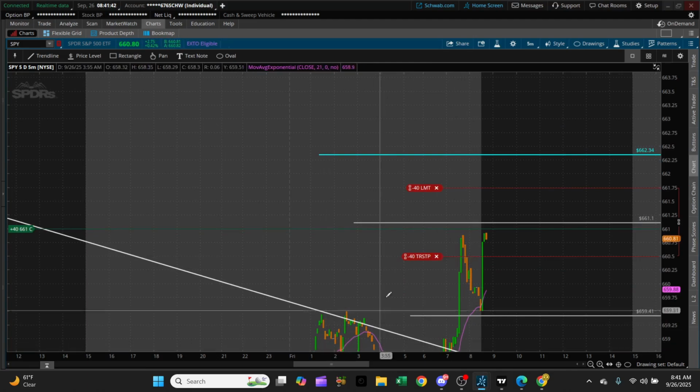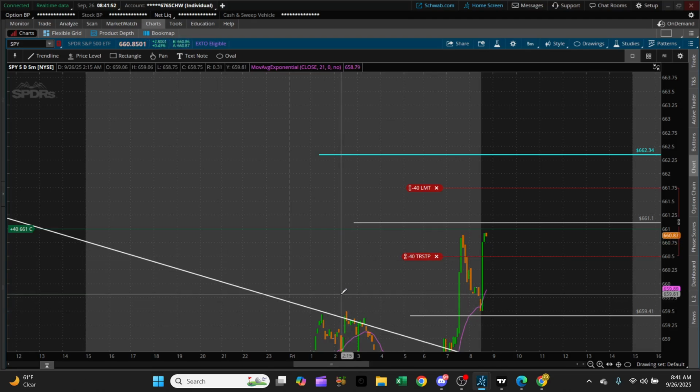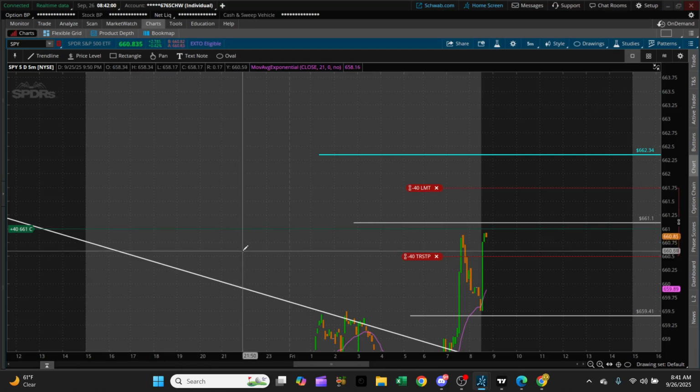The EMA is way below the trailing stop. Trailing stop is at 660.49, so we are literally like 35 cents, which isn't much movement, but we'll see if the Bulls can keep it pushing from here. Not the safest trade. When I say safest trade, it's just no line of defense to protect the trailing stop. So it is what it is.